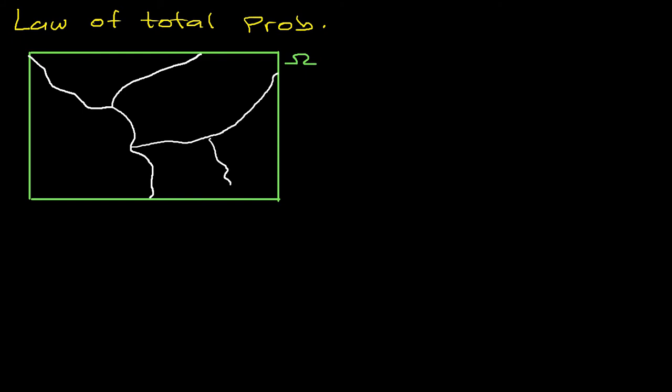Let's say that these sets are B1, B2, B3, B4, and B5. These sets need to form a partition. We need a partition.